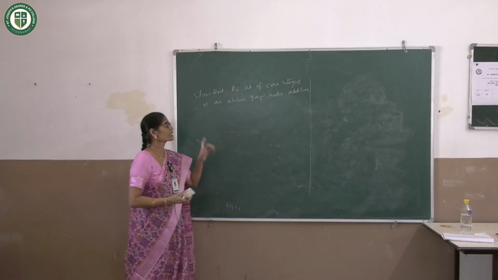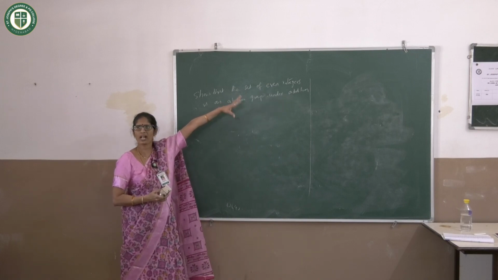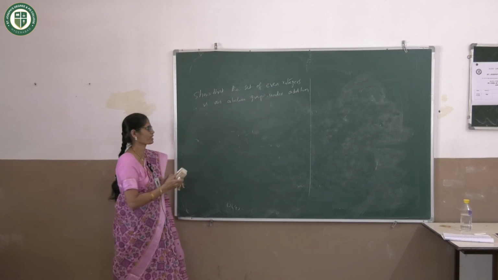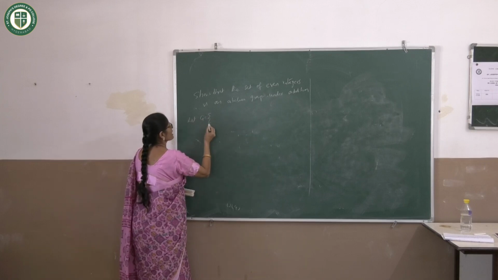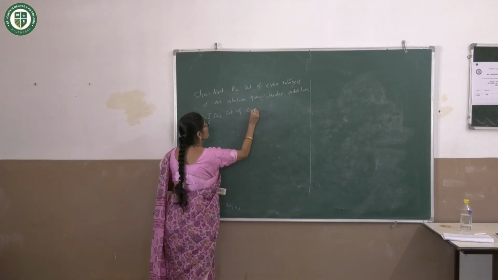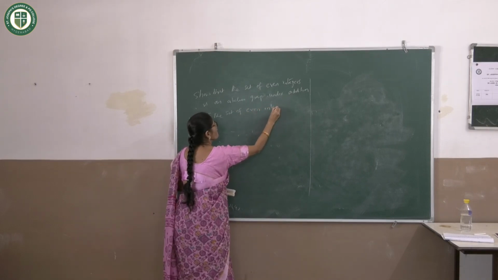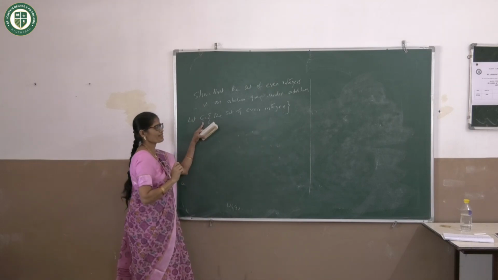So we have to show that the set of even integers is an abelian group under which operation? Addition operation. So I am taking here G equal to the set of even integers. Now we have to show that it is an abelian group.